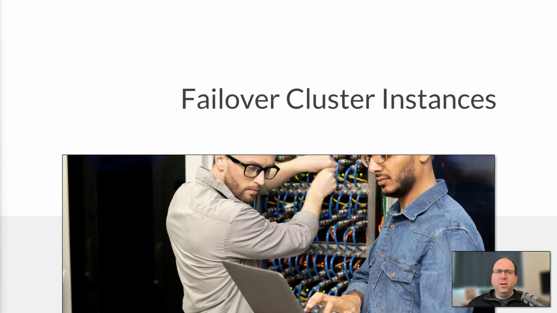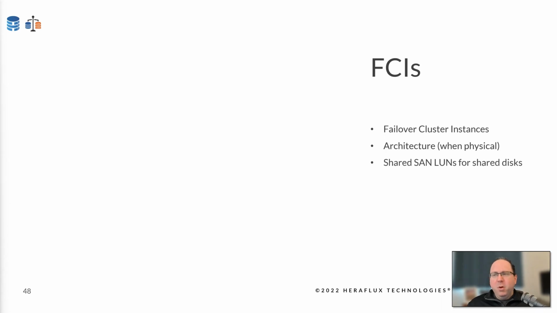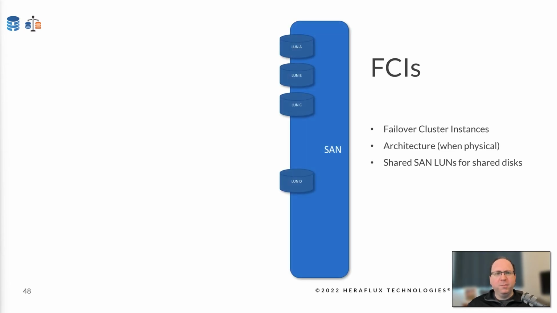When we start talking about a failover cluster instance, this is essentially a SQL Server service that is installed on multiple machines and is dependent on a Windows Server Failover Cluster layer. So the architecture is, in most cases, shared SAN LUNs that act like shared virtual disks inside that operating system.